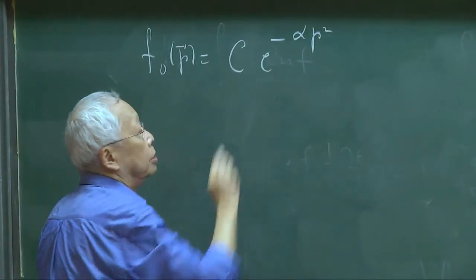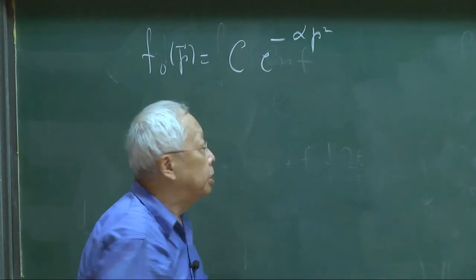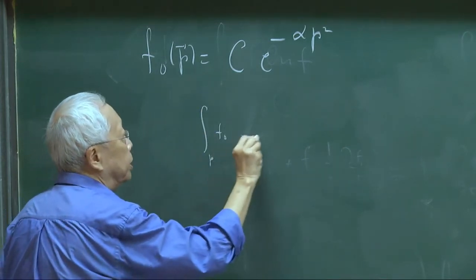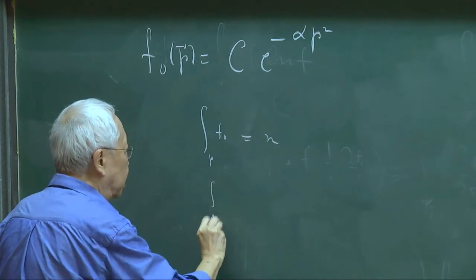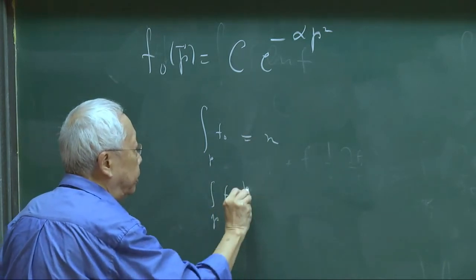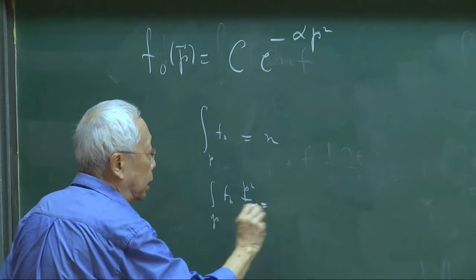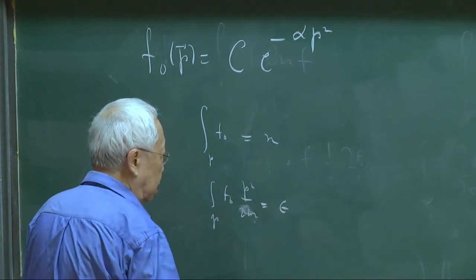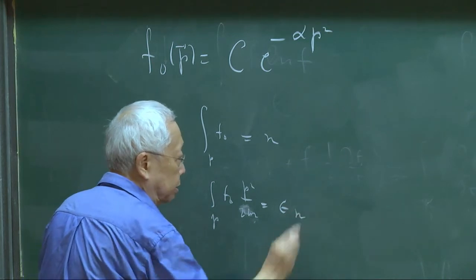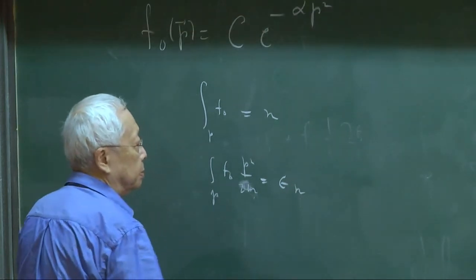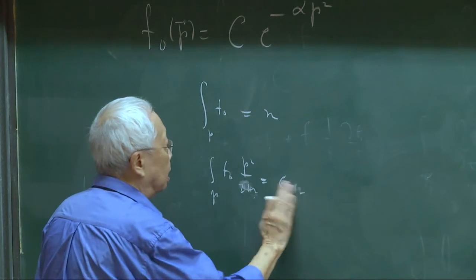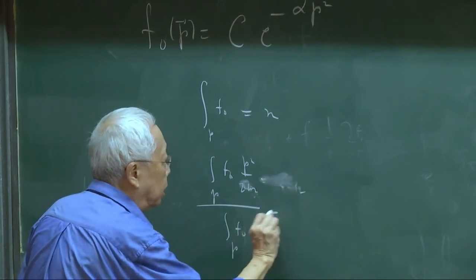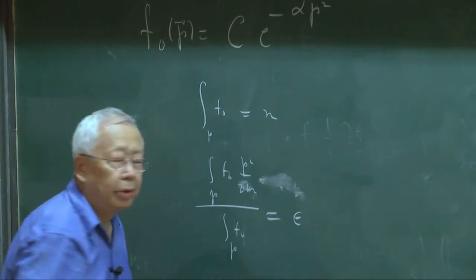And we determine these constants by the condition that the integral of F0 over all P must be the density, and the integral of P squared over 2m times F0, divided by the integral of F0 over P, is equal to the energy per unit volume.